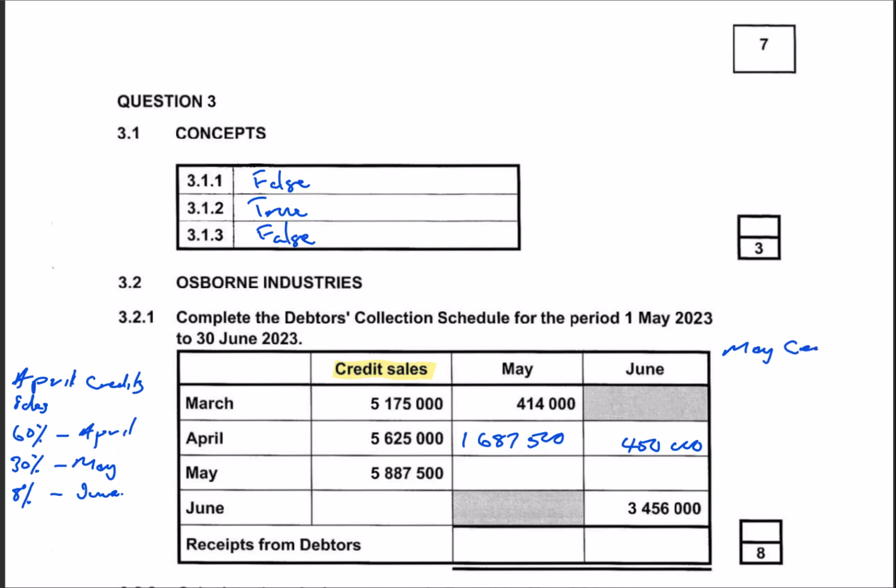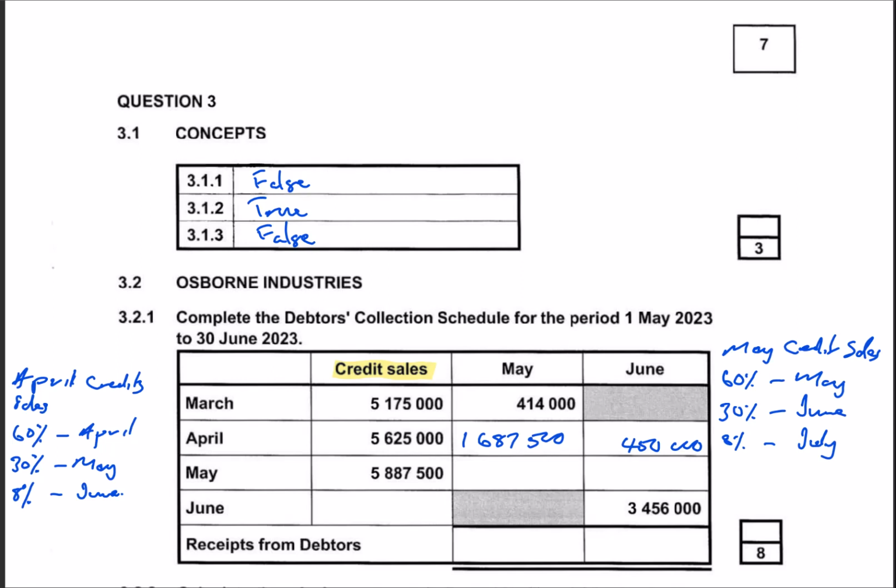May credit sales: 60% are received in May, then 30% received in June, 8% in July.